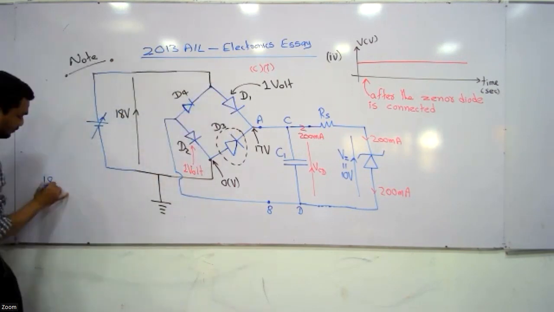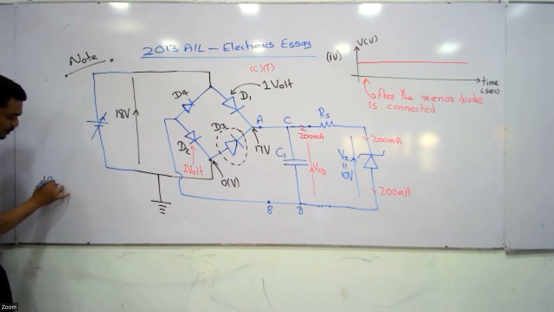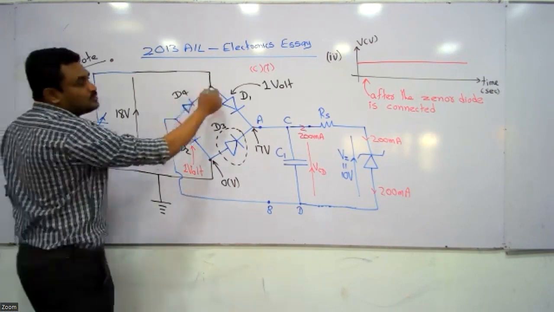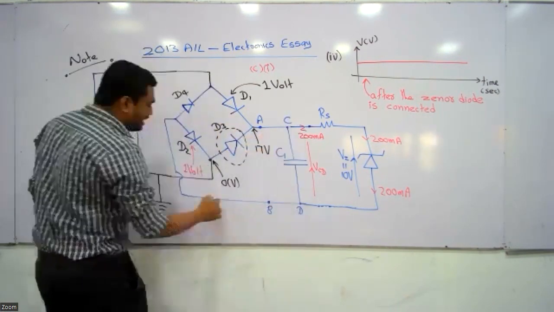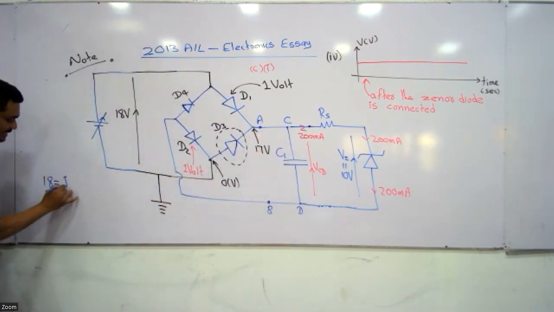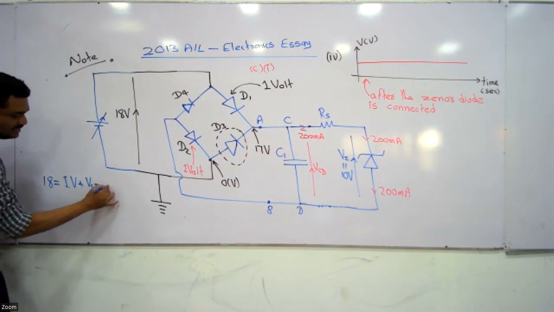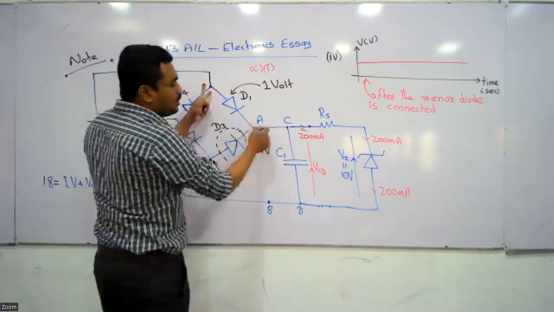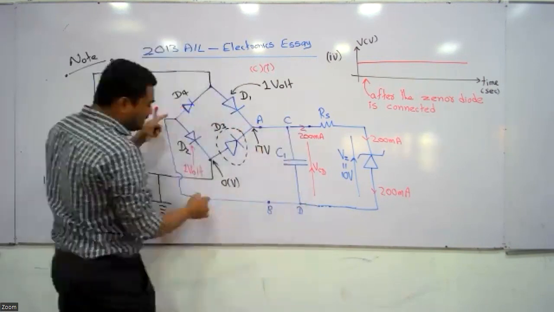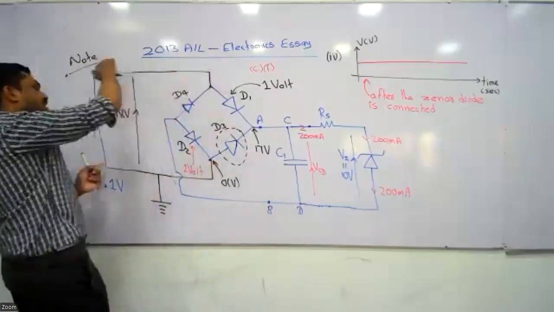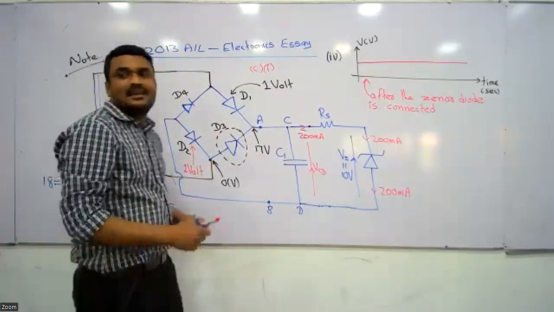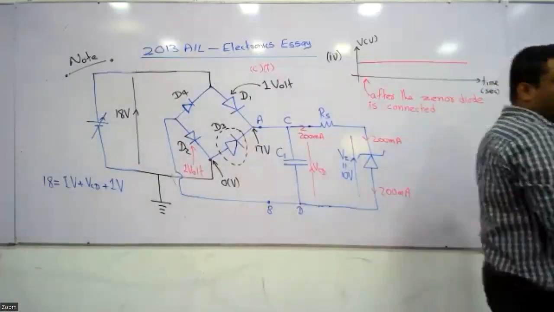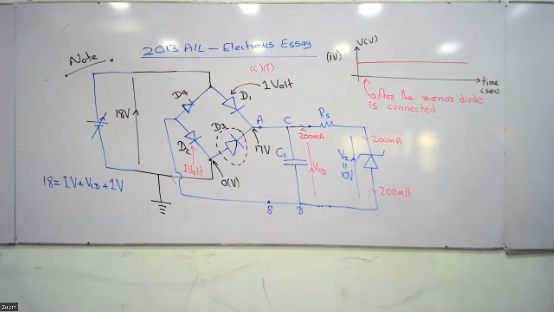Or I can write 18 should be equal to this 1 volt plus VCD plus this 1 volt. Supply voltage equals 1 volt plus VCD plus 1 volt, equals 18. Can you understand it? That's the question I'm going to ask. Check whether you can understand it. If not, please ask.